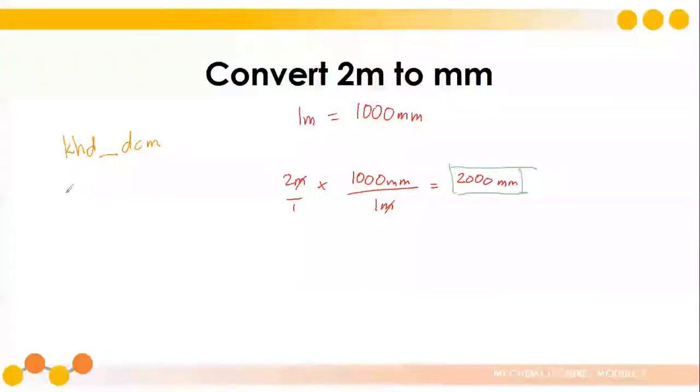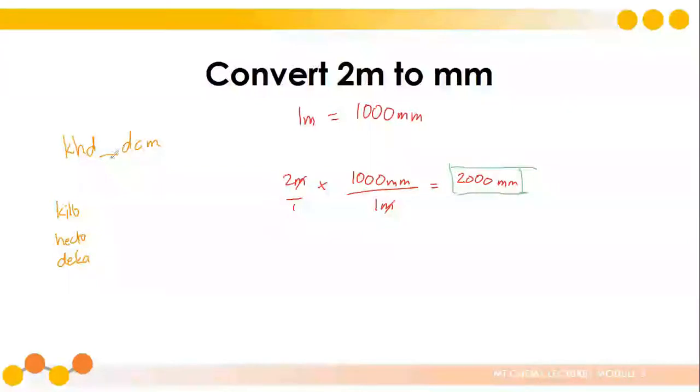With this acronym, you can immediately convert a base unit to different quantities of measurement. K is for kilo, H is for hecto, D is for deca.